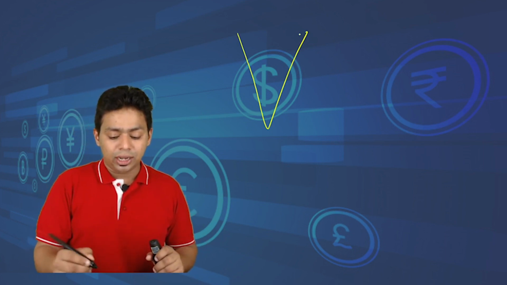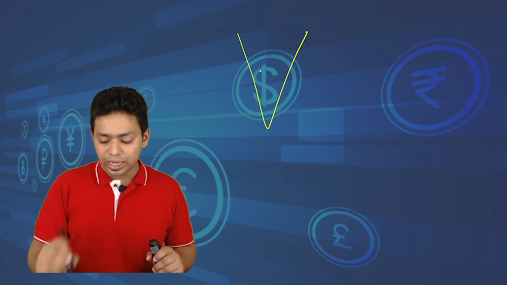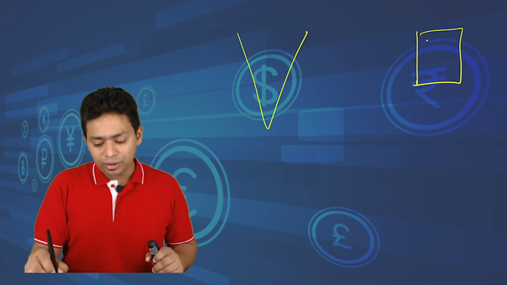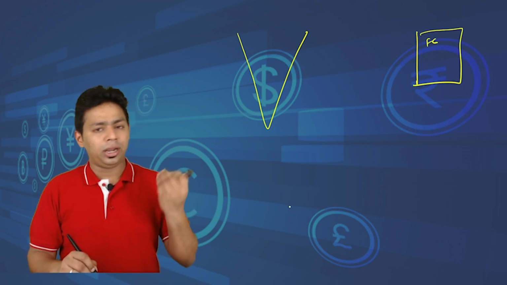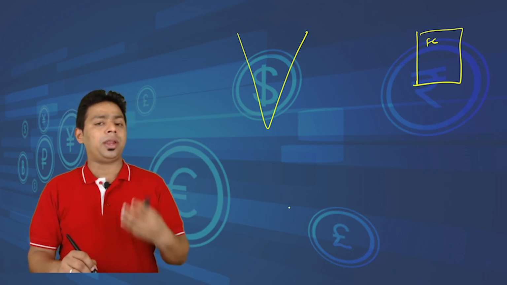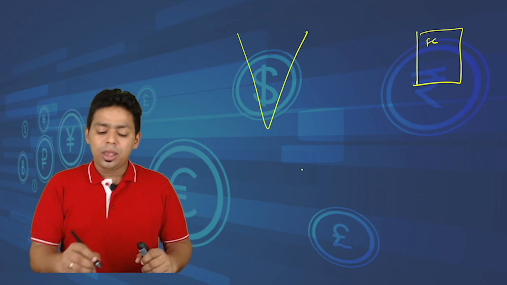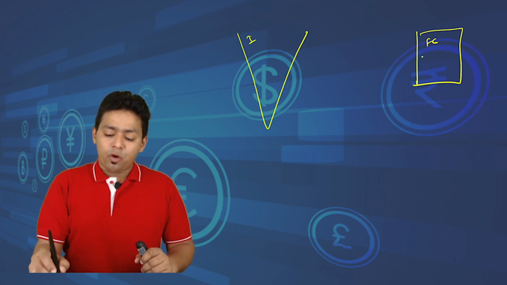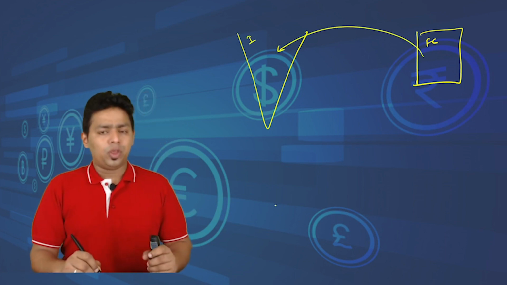Now let us take one hypothetical example for Indian entities. This is India, and there is one entity in India. There is a foreign country, it can be any country, Japan, Canada or USA, and the foreign country is dealing with India.